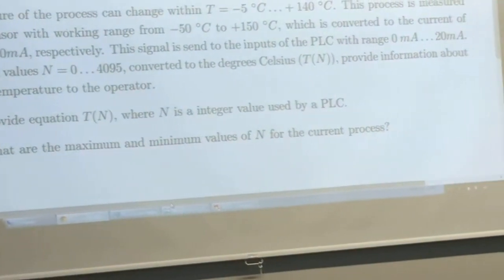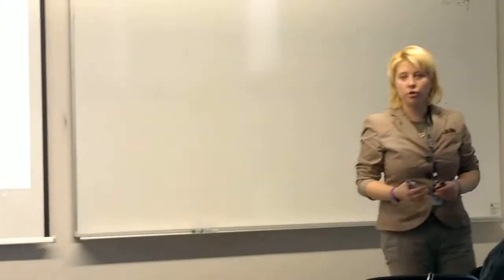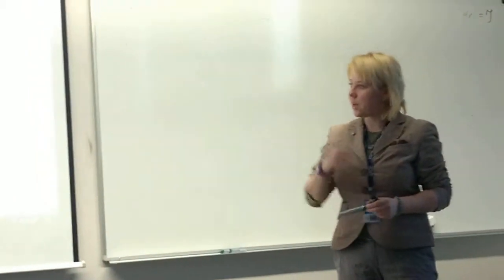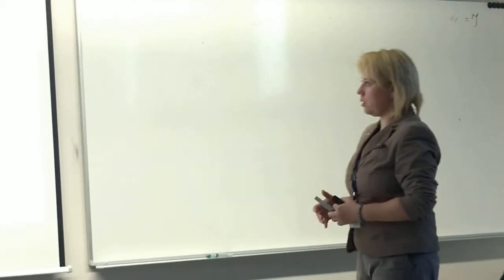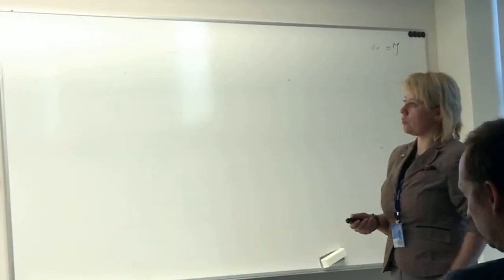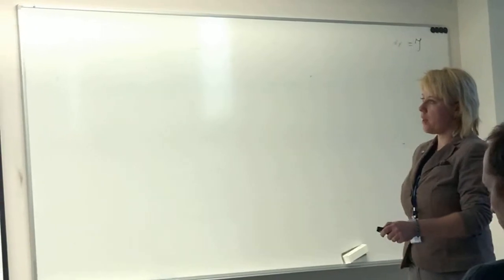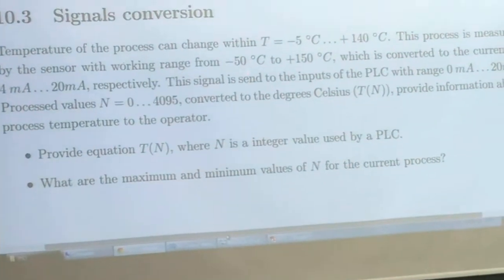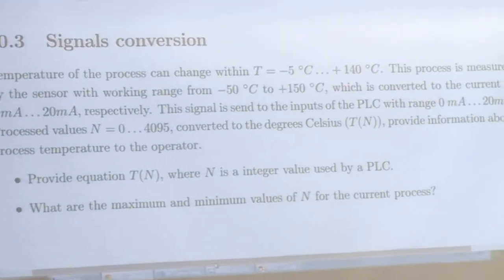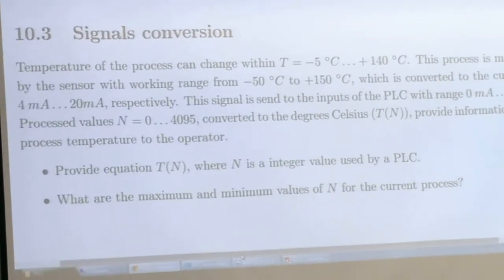So we can use those sensors to detect temperature, because first of all we should check that the span of our sensor will be greater than the range which is used by the process.